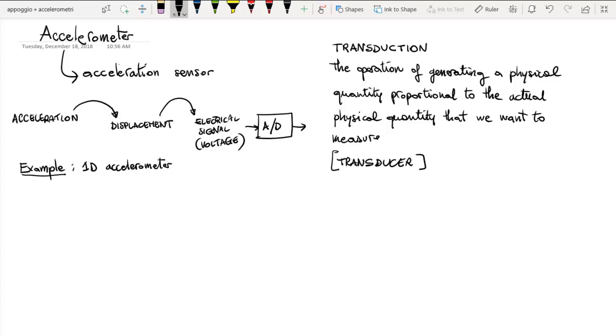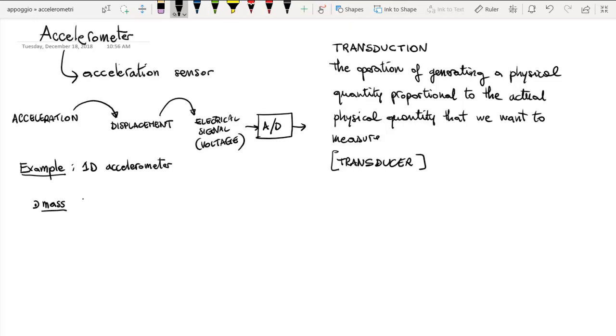Then, of course, the shape of the components that are involved in this transduction are going to be different in the actual realization of the accelerometer. Actually, we need three components. We need a mass, so a small object with a finite mass.